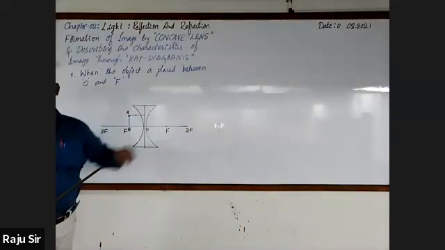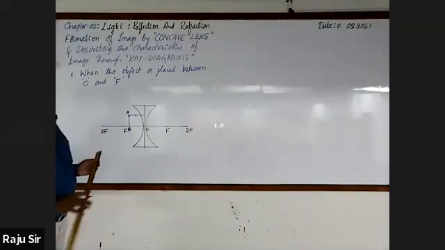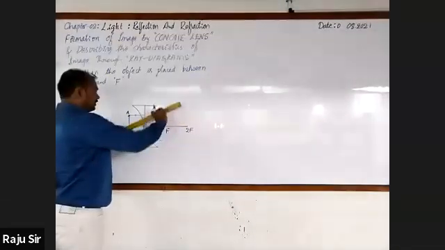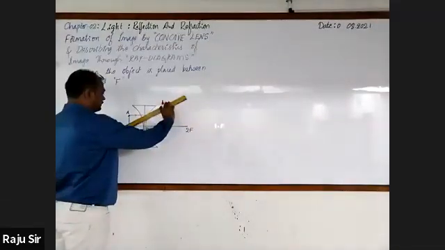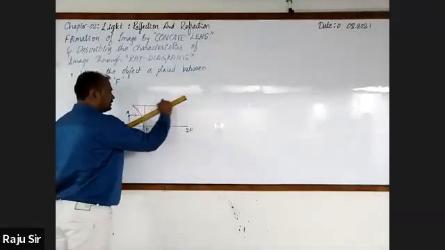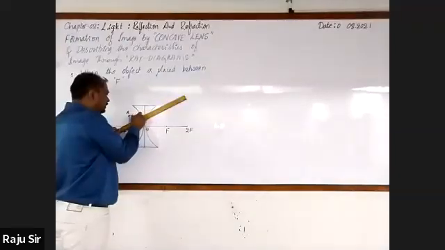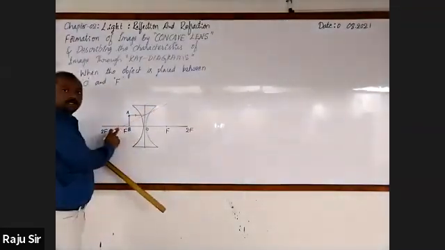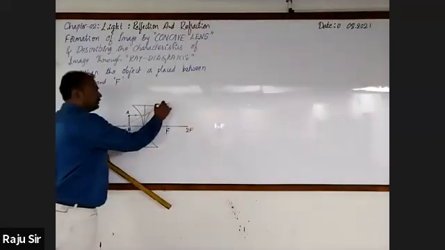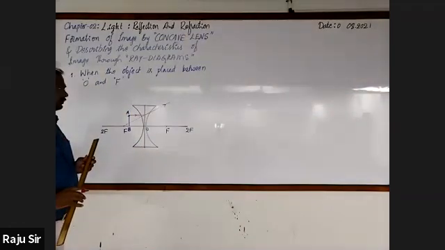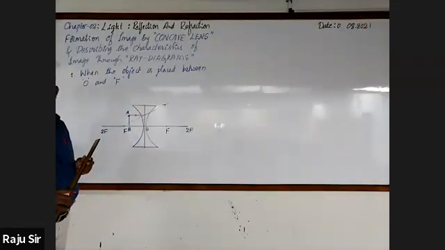The light ray gets diverged here. When this diverging ray is extended backwards, it will pass through the focus. That can be shown like this.